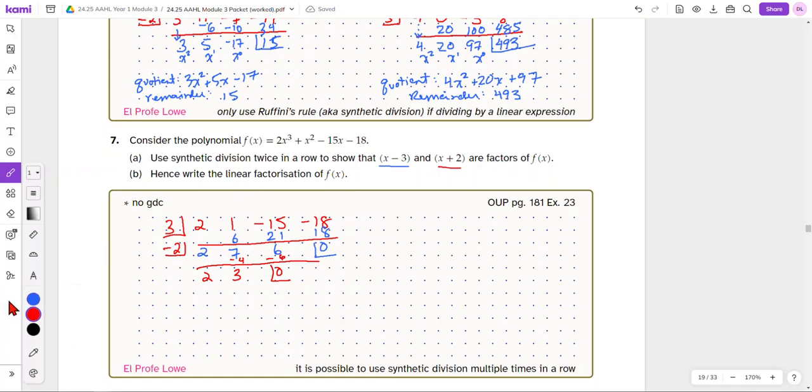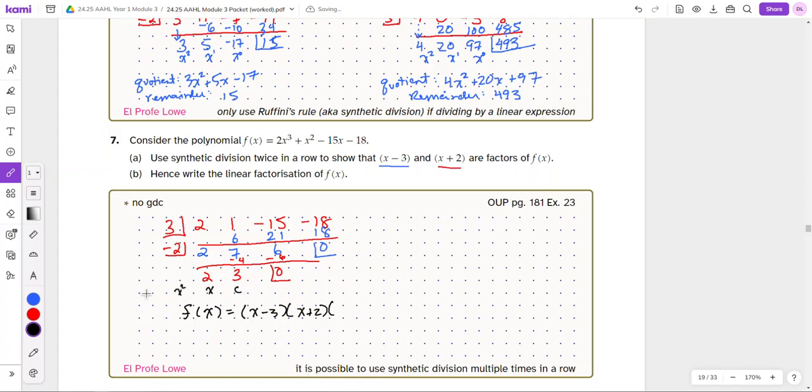So how can I write the linear factorization for f of x? I would have the f of x, oops, let's write this a little bit more neatly. I would have the f of x is going to be equal to the first factor, x minus 3, the second factor, x plus 2, and then my last factor, right, so this is going to be my constant, this is going to be my x term.